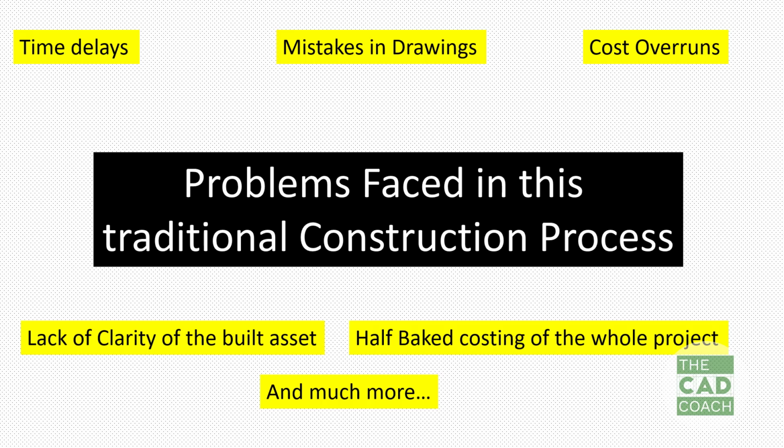This is the whole traditional construction process, and this is without BIM. BIM is not available. Let us say only AutoCAD is the tool used to create drawings from architect, structural and MEP, and design tools like STAAD.Pro are used to create drawings. So all these things happen traditionally.